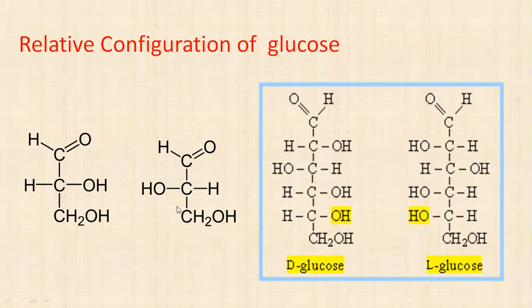Now see here for the CH2OH: the OH group is present on the left side with respect to the CH2OH group. So this is L-glucose. It means we relate only D-glyceraldehyde and D-glucose, L-glyceraldehyde and L-glucose. So this is called the relative configuration of glucose, meaning we relate the configuration of glucose with glyceraldehyde.